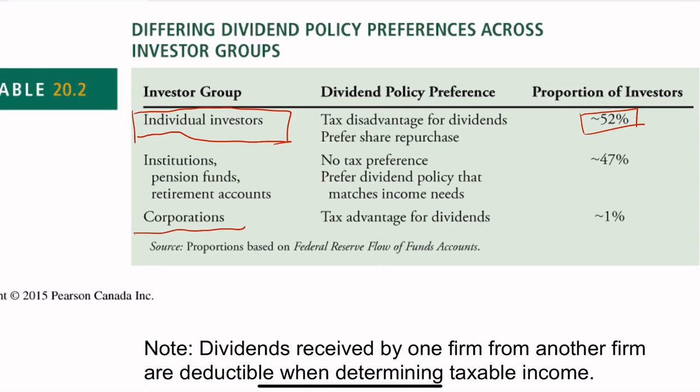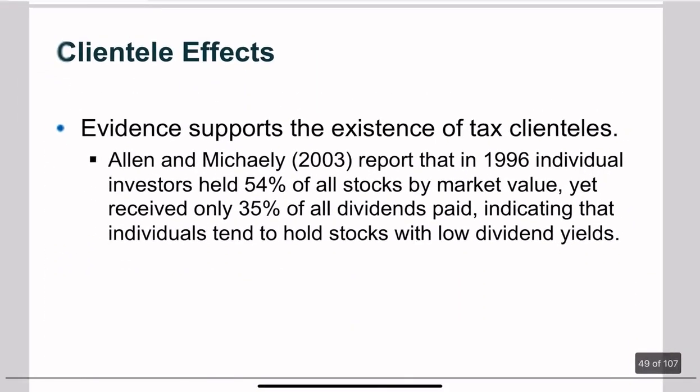But for 48% of investors, dividends actually have some advantage over share repurchase. So it's almost a 50-50 case, right? That's why in reality, firms are doing both. Firms are doing share repurchase, and firms are also paying dividends every quarter.